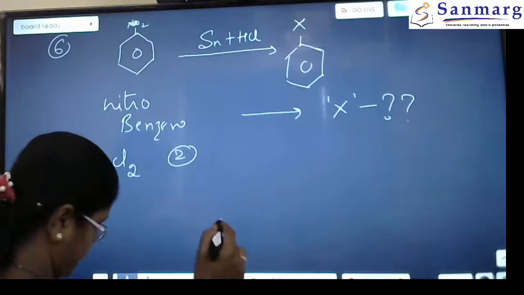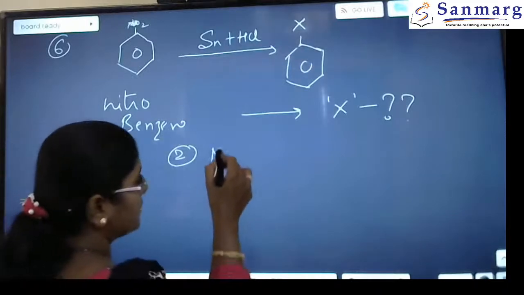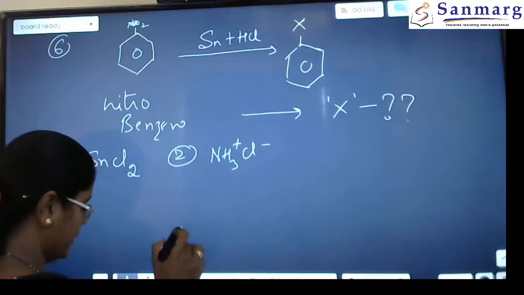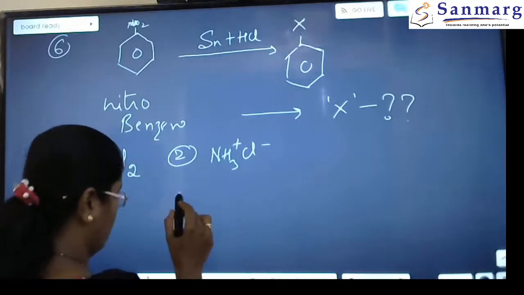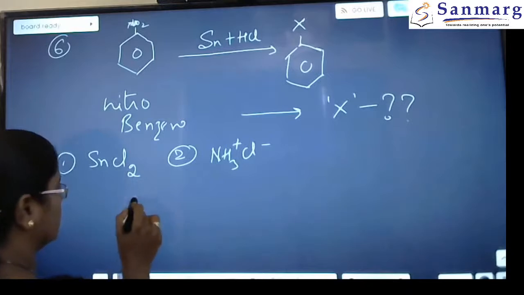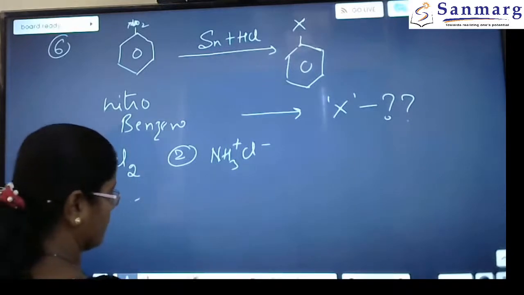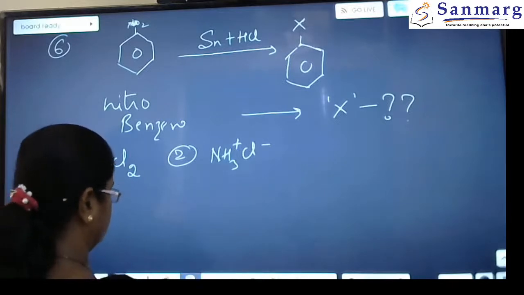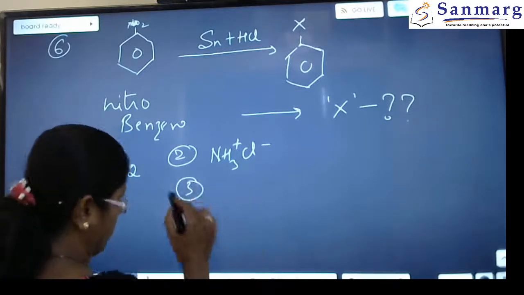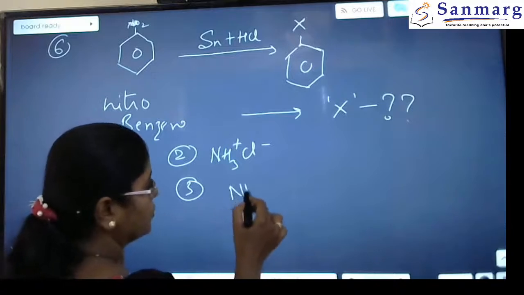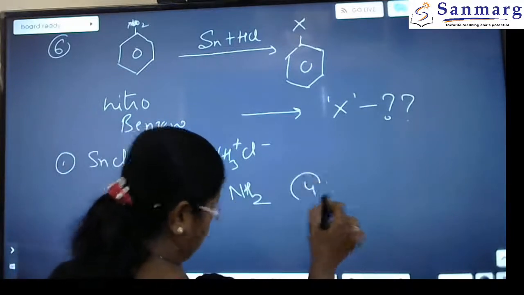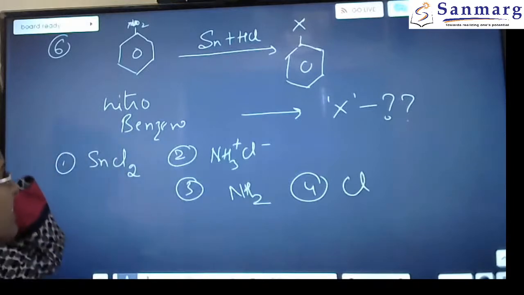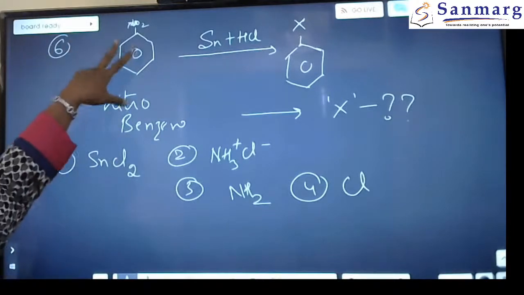It may be NH3 plus Cl minus, ammonium chloride, or the third option, it may be NH2, amine. Fourth option, Cl. Here, in this reaction you have nitrobenzene.